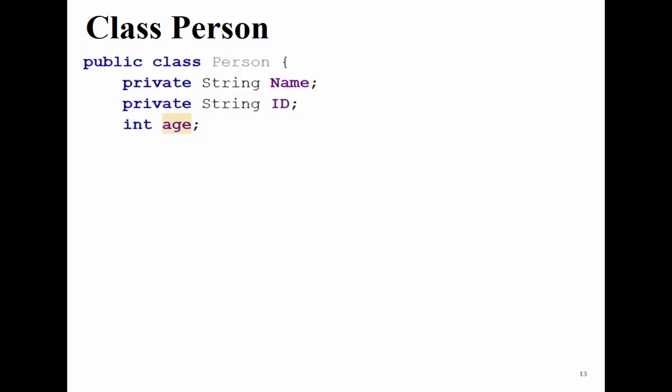As you can see, name, ID, and age are the names of the attributes, and each attribute has a type. For the name, the type is a String object. For the ID, it is a String object. For age, it is an int.